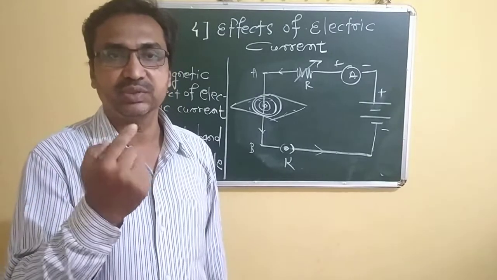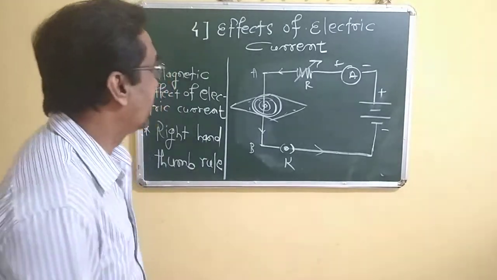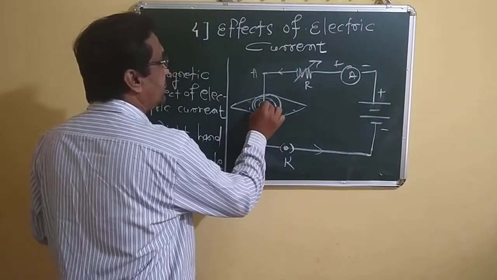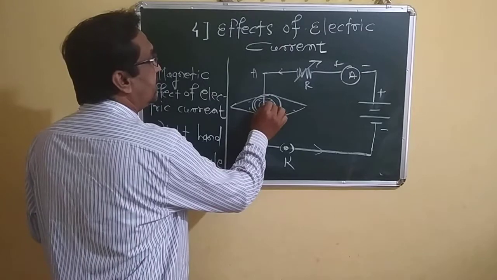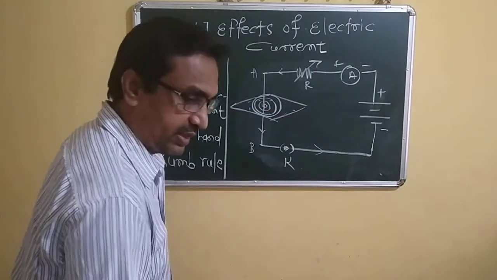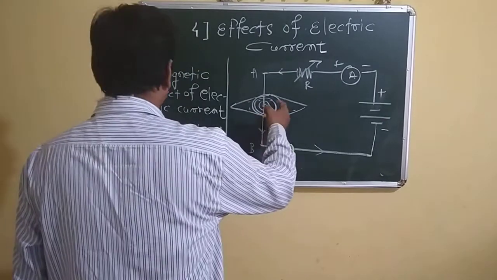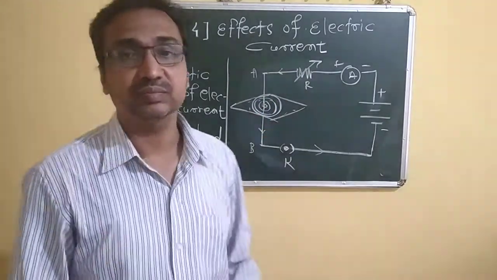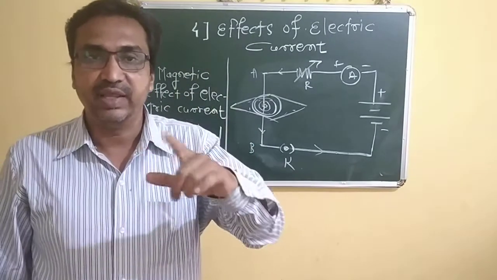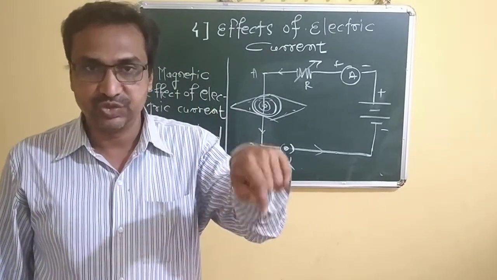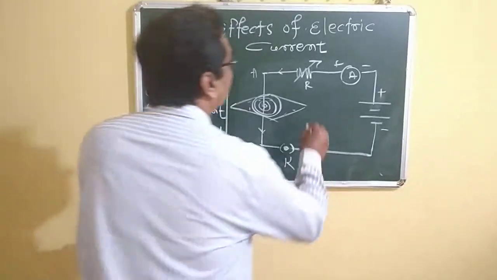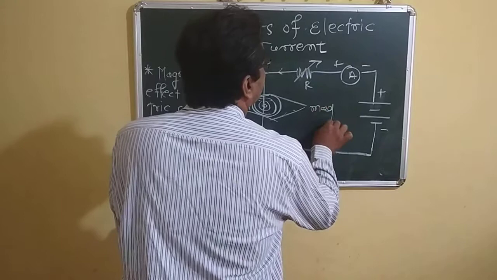One circle, second circle, third circle, having the same center. This one is the center, and these are different circles of different radius. These circular lines show where the iron filings are aligned, that means situated there, and these lines are nothing but the magnetic lines.